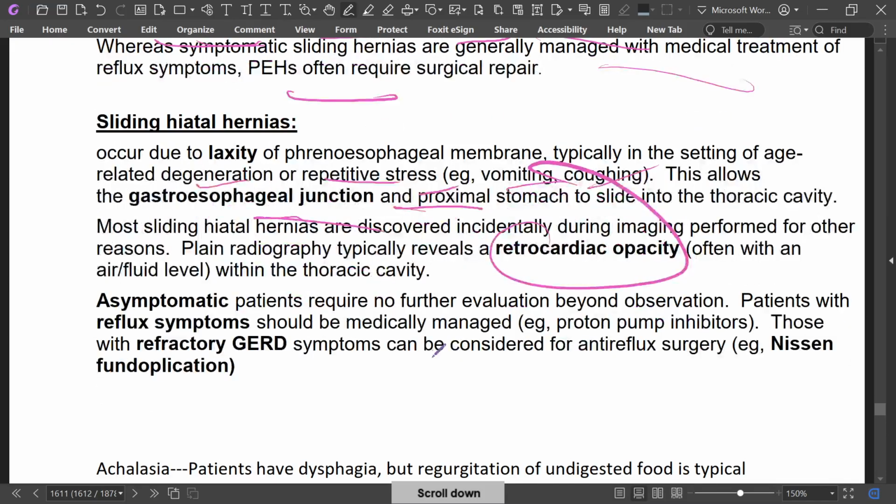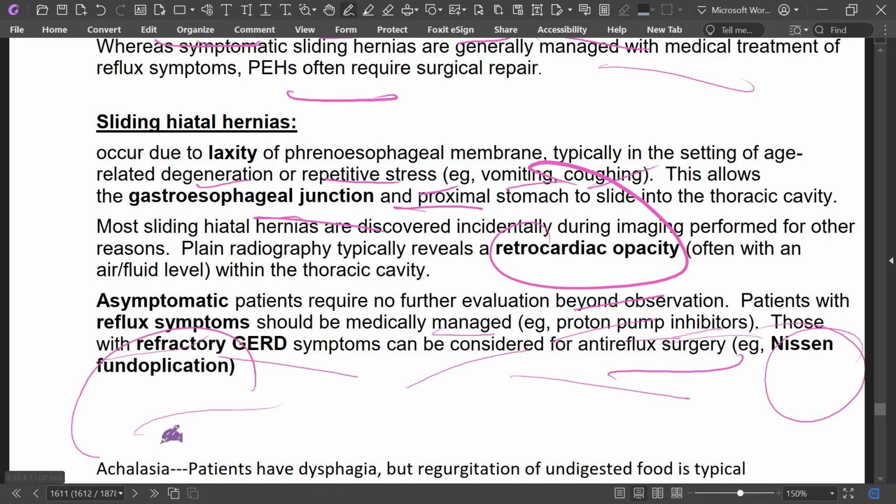If asymptomatic, it requires no further evaluation beyond observation. Patients with reflux symptoms should be medically managed with PPIs, proton pump inhibitors. Those with refractory GERD symptoms can be considered for anti-reflux surgery, like Nissen fundoplication.